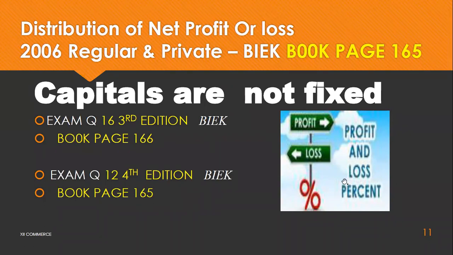I like this picture a lot because it gives you the two ways for the net income. Whenever we have net income in the business, it can be positive, going in this way, and it can be a loss in another way, reversing the direction. And this profit and loss can be distributed in the form of percentages also.